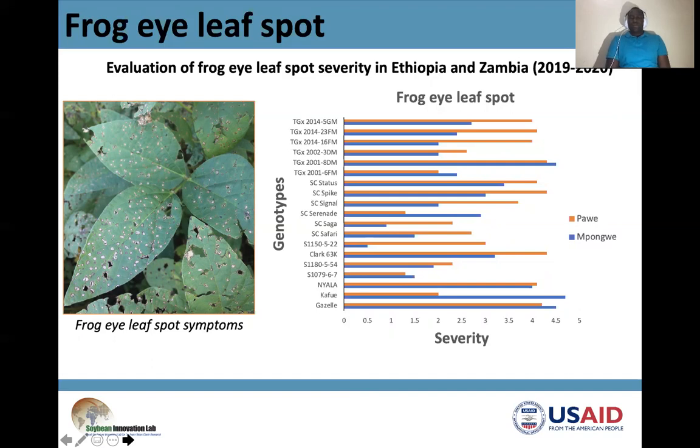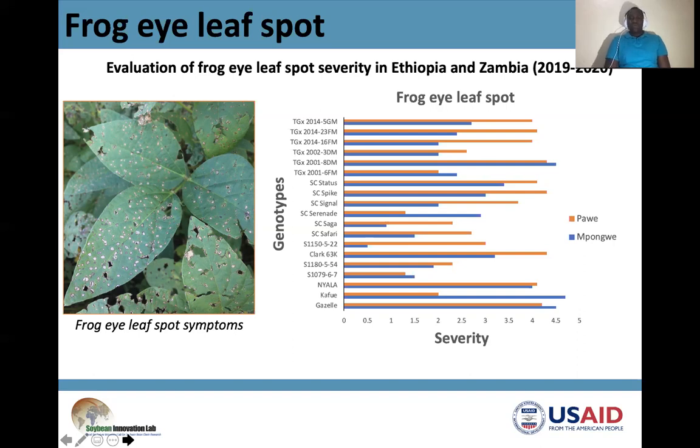What we observed is that for some of the genotypes, especially the TGX, the severity was not significantly different. But when we look at some of the SC materials, some of them had lower severity in Ethiopia compared to Zambia, and some had lower severity in Zambia and higher severity in Ethiopia.